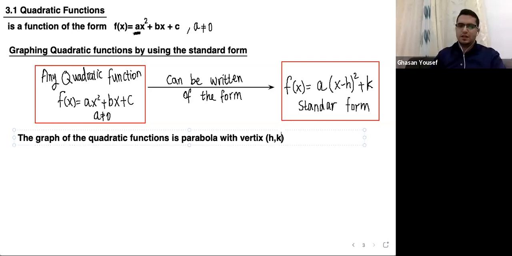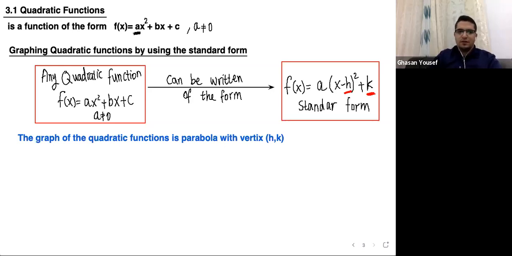I mean, this h here and this k. This is the first note. Again, my h is this h, and this is the k. So the graph of the quadratic function is a parabola such that the vertex is (h, k).